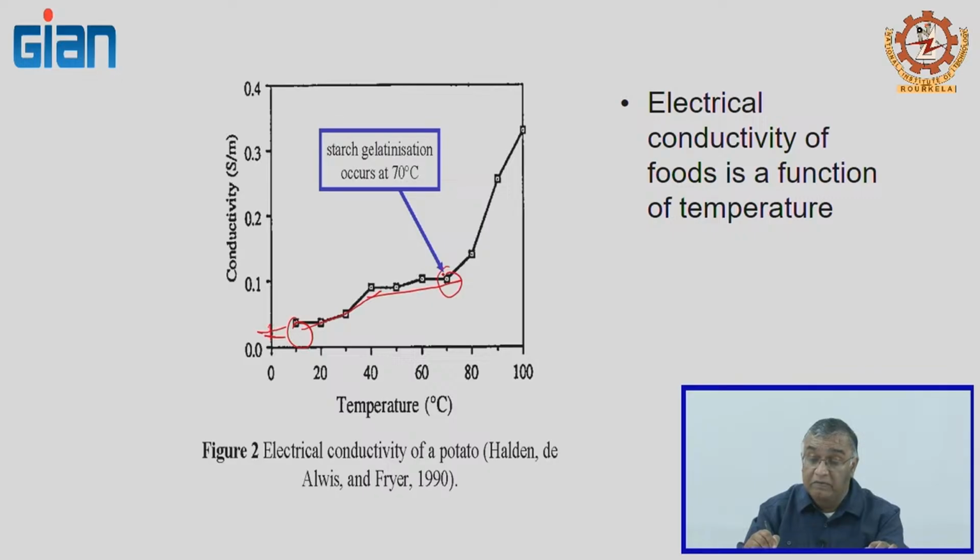And at around 70 Celsius, you are going to gelatinize the starch, say in a potato. Then you can see that it breaks down. So, then it is going to significantly increase your electrical value, say from 0.1 increases to 0.3 or 0.4. That means the heating rate may be slow here. Once the electrical conductivity starts increasing significantly, the heating rate also increases much faster.